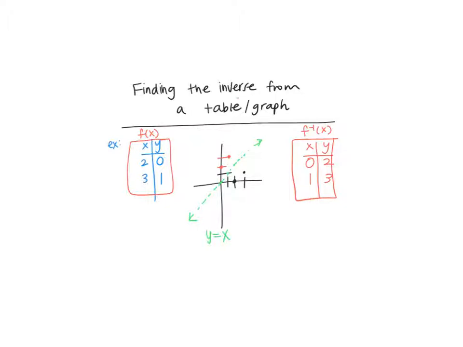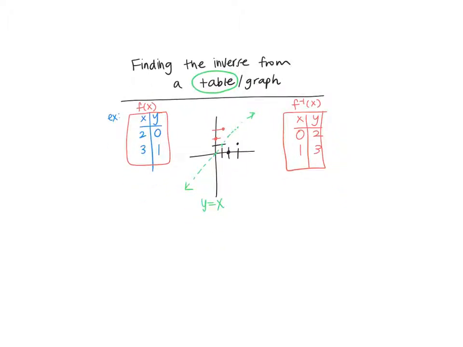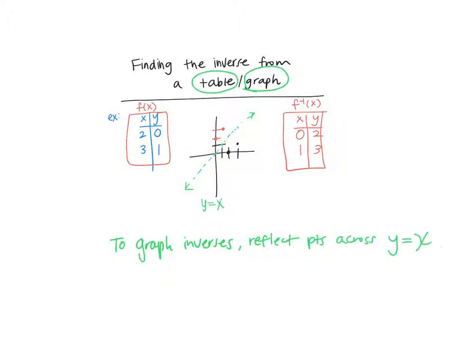So when you find an inverse from a table, you swap the x and y points. When you're sketching the graph, you still swap the x and y points, but essentially what you'll see is a reflection across y equals x. So to graph inverses, reflect points across the line y equals x.